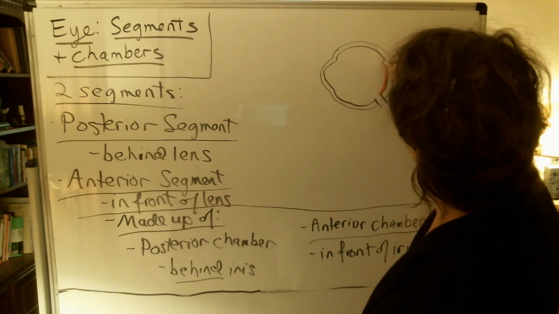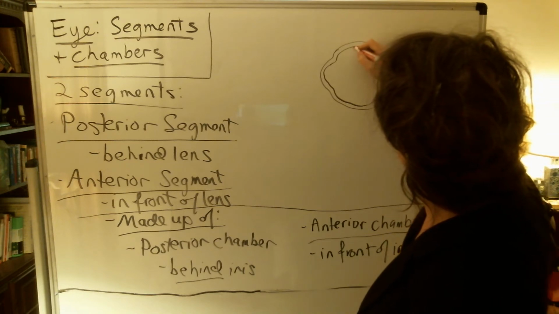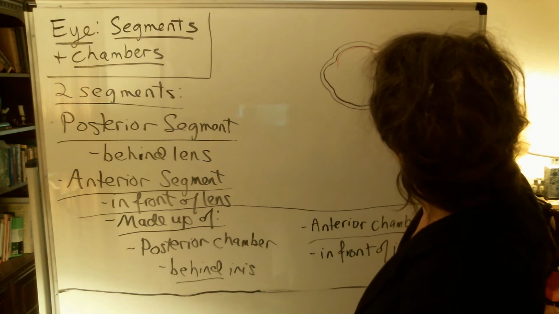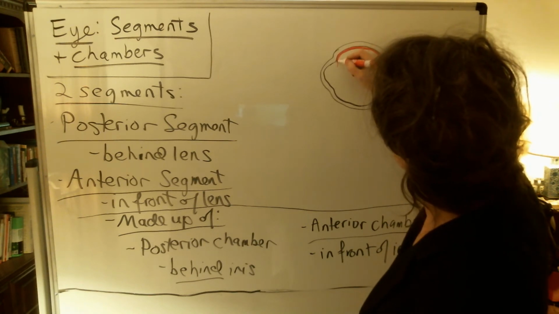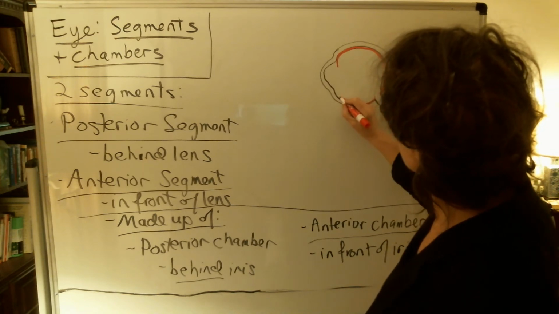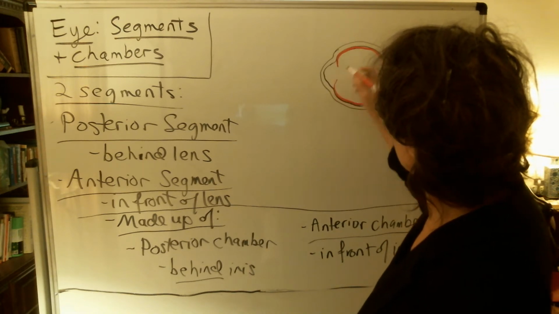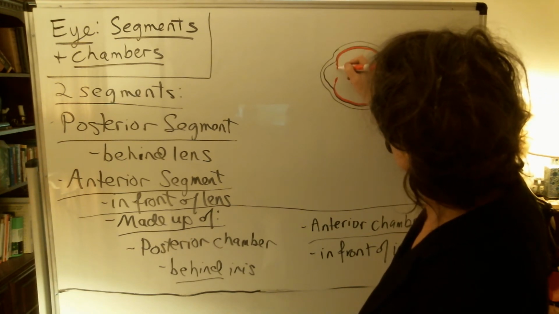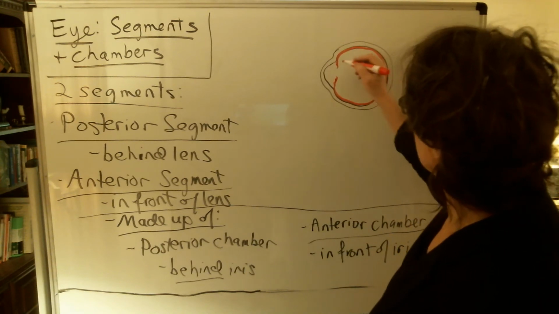So here we have the vascular tunic with the ciliary bodies coming in like this. Here we are. So remember, we have some ciliary processes in here on the ciliary body.